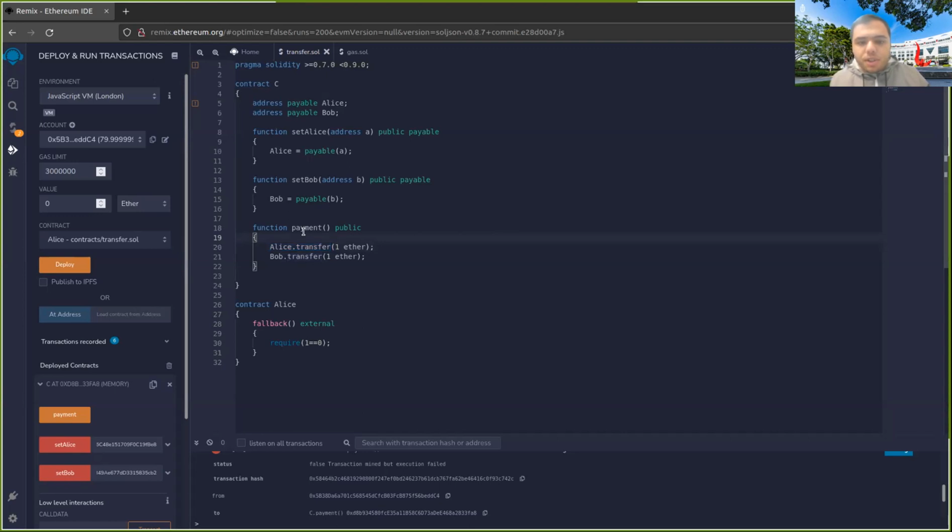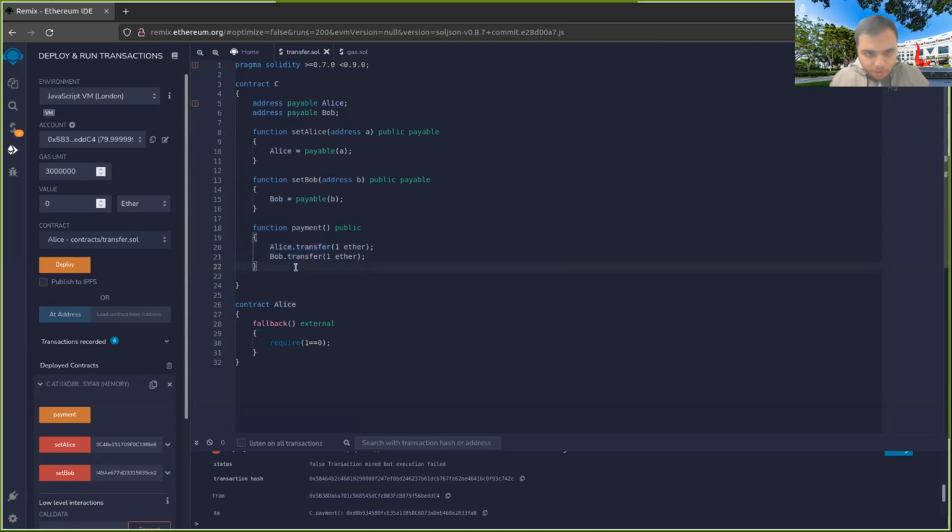But if you use call or if you use send, then it gives you some Boolean value that tells you whether the call or the send was successful or not. So you can use that Boolean value to check if the payment has gone through, and even if it hasn't gone through, so if I just had send here without even checking the Boolean value, if this send fails, this send will still go through.